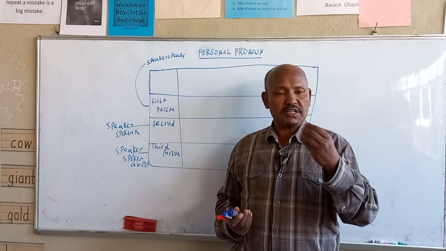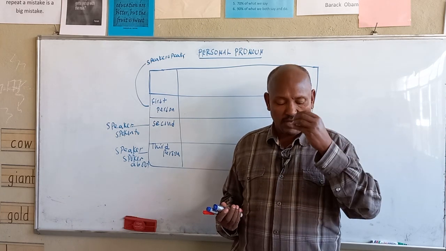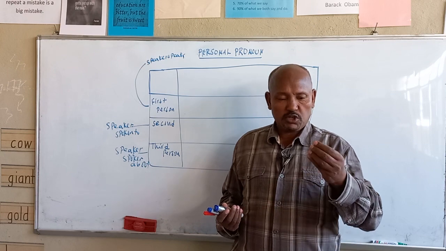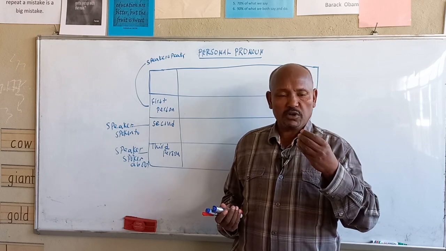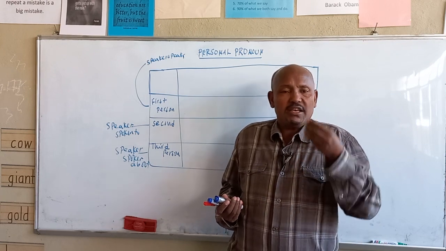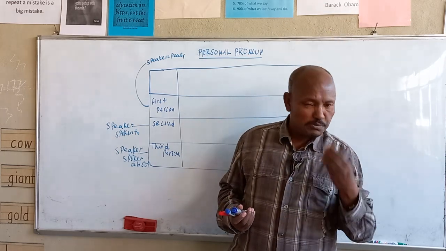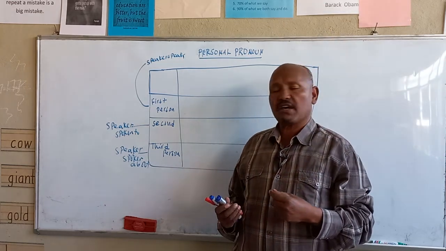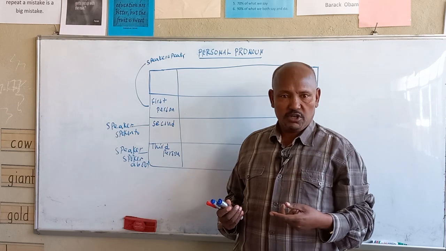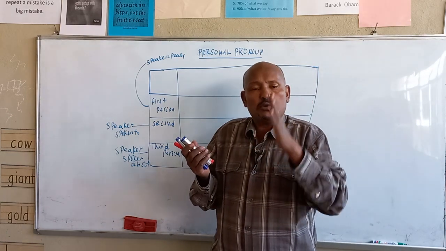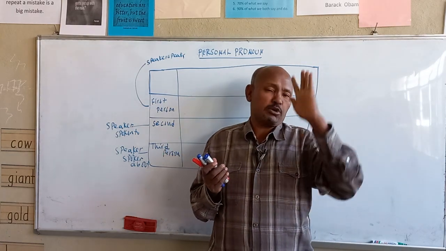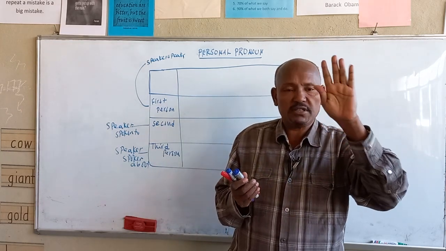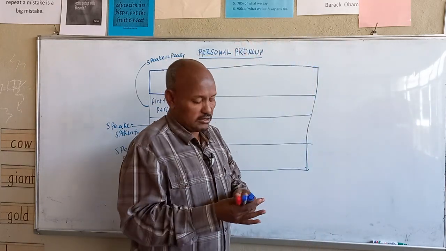If the person that I'm going to speak about is not around with me, not close to me, or he or she or they do not stand against me, they are called third person. So we can say speaker spoken about. These are the ways we categorize the personal pronoun into three: first person, second person, and third person.